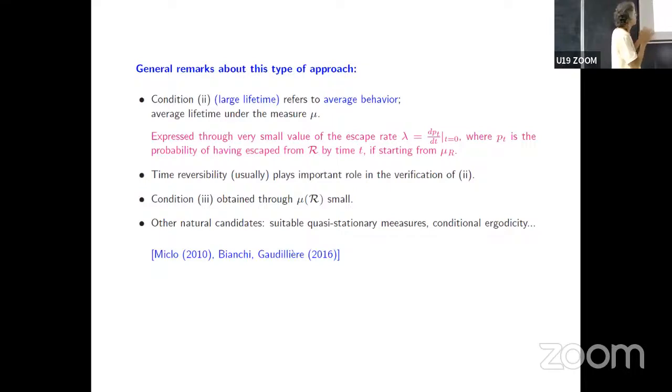I just put two works here, which I think are very inspiring: Laurent Miclo, and Alessandra Bianchi and Alexandre Gaudillière. They exploited these ideas, and also the connection to the spectral properties of the generator of the process. So there has been this way to see it.